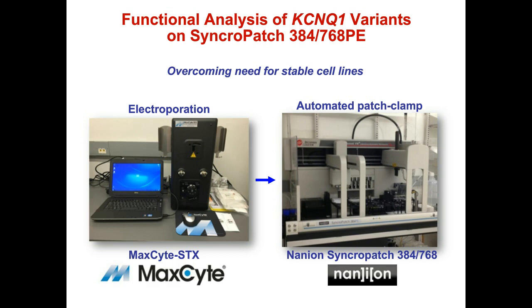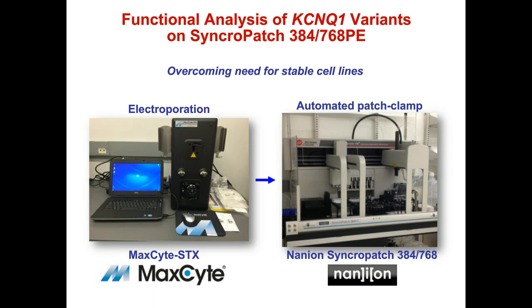Featured in this slide is the tandem combination of these two technologies, which allowed us to make a quantum leap over what we were doing before. So rather than making stable cell lines on all of these genetic variants, we use transient expression with the MaxCyte electroporation system, and that has given us enough efficiency and high-level expression to go directly into automated patch clamp recording.